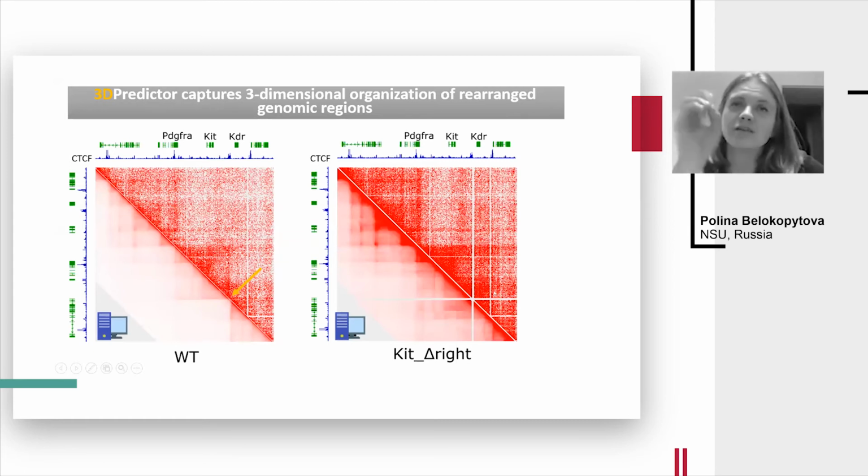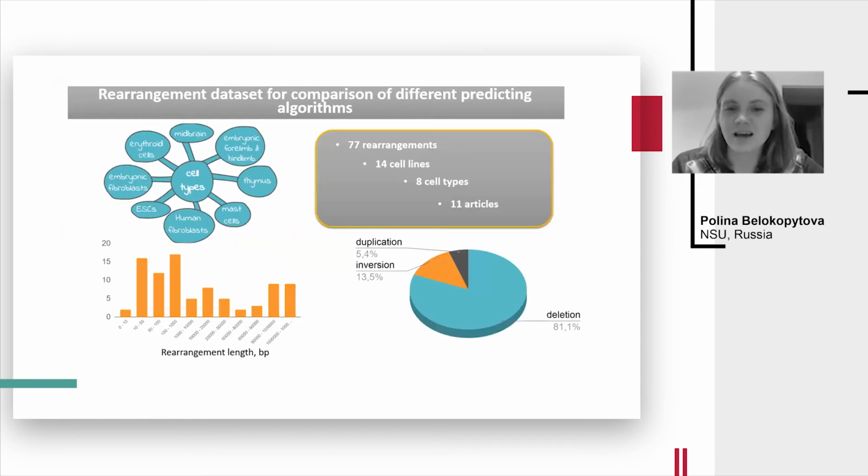But it's only the one case of chromosomal rearrangement. So we decided to extend the data set of rearrangements, and we analyzed the literature and collected 77 rearrangements with available Hi-C or capture Hi-C data for mutated cells for 8 cell types from 11 articles.